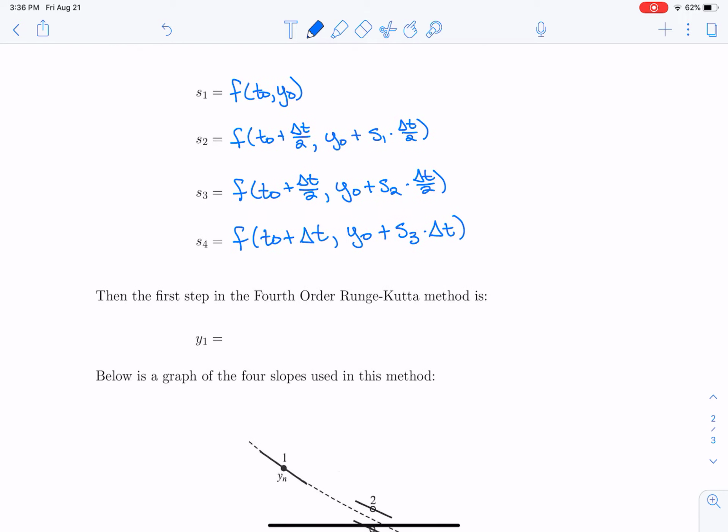Okay, and so then we want to average these slopes. So we're going to do y0 plus, and we're going to average the 4 slopes. So we could do s1 plus s2 plus s3 plus s4. And we could average those and divide by 4 and multiply by delta t.